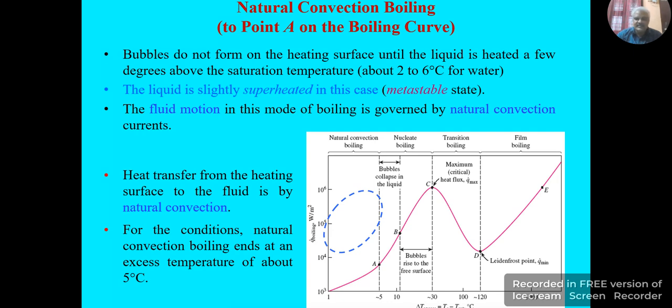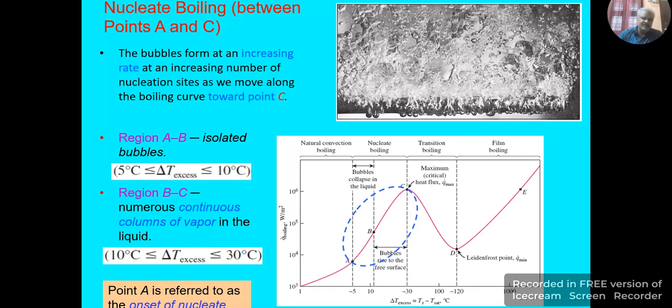Further, as delta T is increased beyond 5 degrees Celsius, we get the nucleate boiling regime here. Here we could see three different points as highlighted in the curve, point A, B, and C here. As delta T is increased further, you could see there is more tendency of formation of bubbles, which readily form and get collapsed in the liquid itself here.